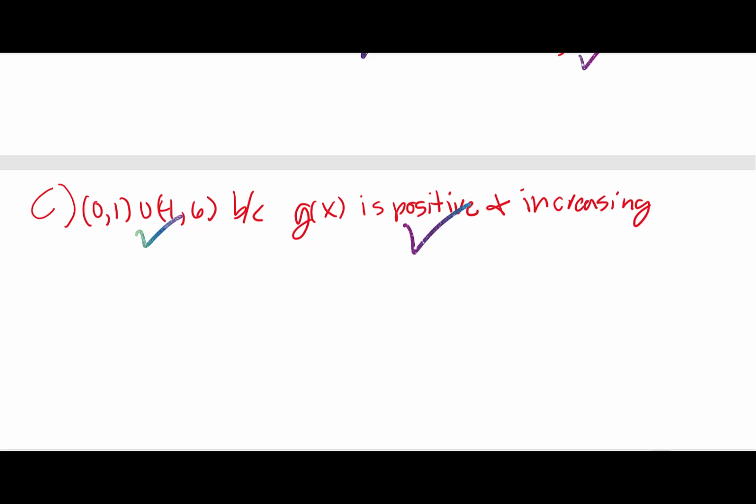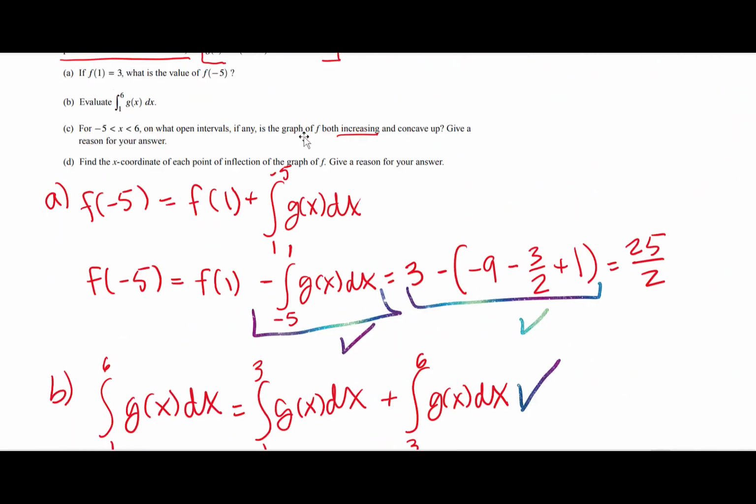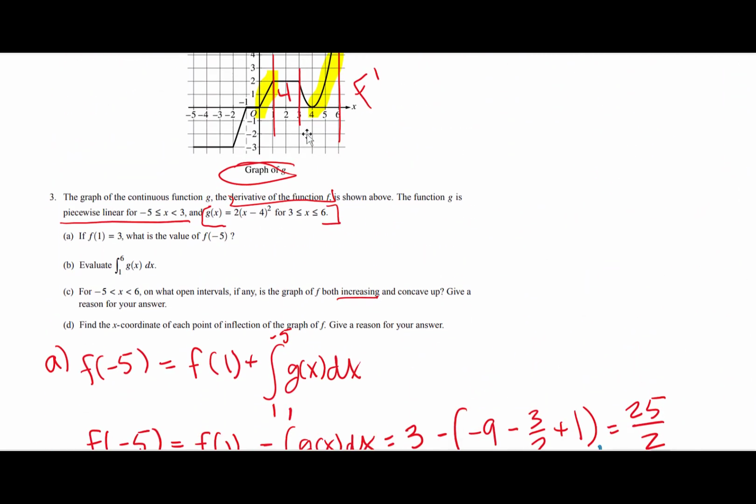And then for D, D asks us to find the x coordinates for each point of inflection. All right, so here we would want to change from increasing to decreasing or from decreasing to increasing. So I do want to acknowledge real quickly that most of this graph is increasing.